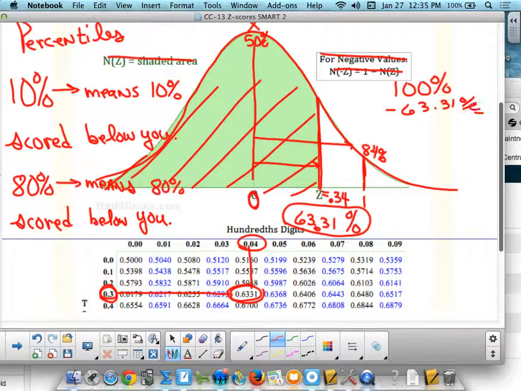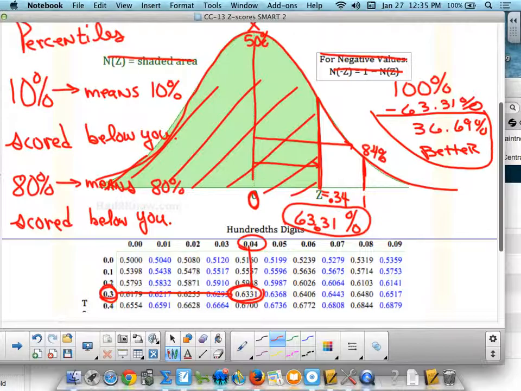If I do my subtraction, I'm going to get 36.69. So what percent scored better than me? 36.69. What percent did I score better than? 63.31.